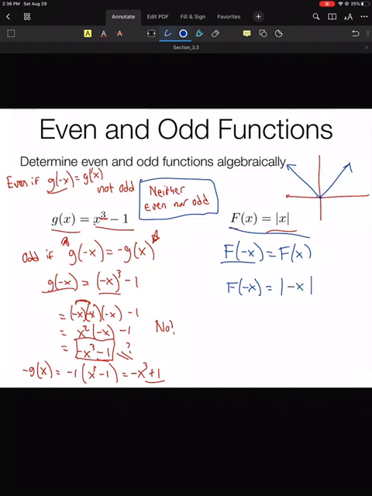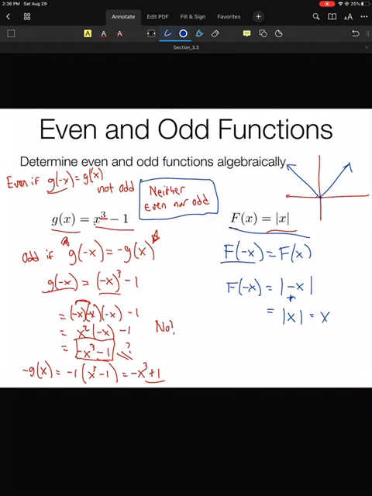And what the absolute value function does is it gets rid of that negative, and so I'm left with the absolute value of x.